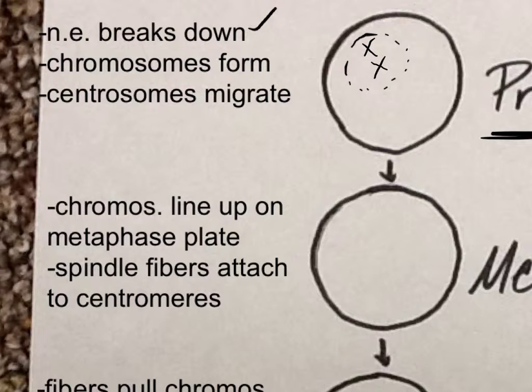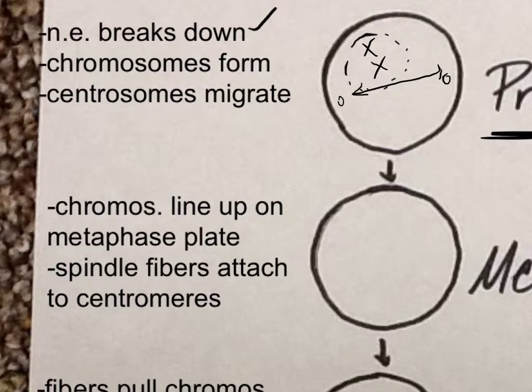The other thing that's going to happen is that centrosomes, and hopefully you remember those from when we studied the cell, are going to migrate so that they are directly opposite from each other on either side of the cell. And centrosomes help produce microtubules, and that's going to play a huge role in building up the mitotic spindle, which helps to direct mitosis.